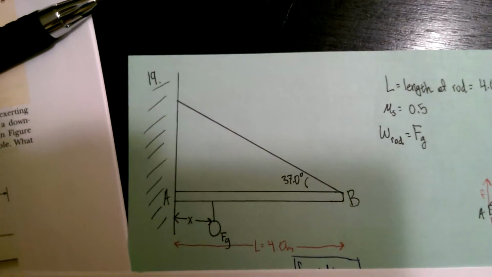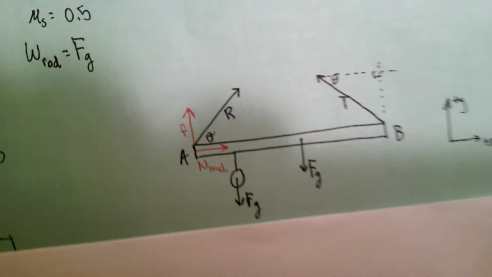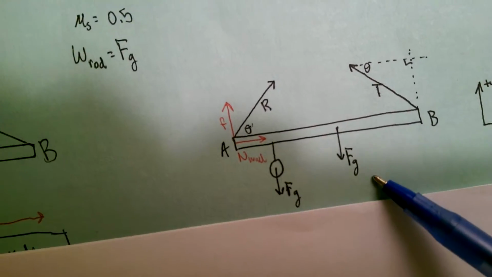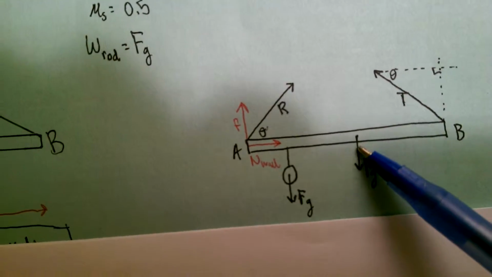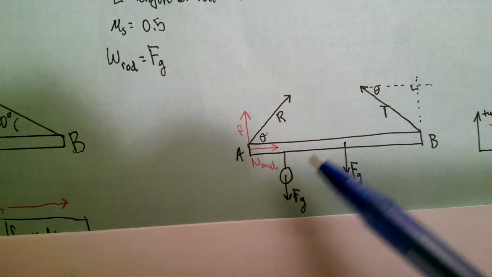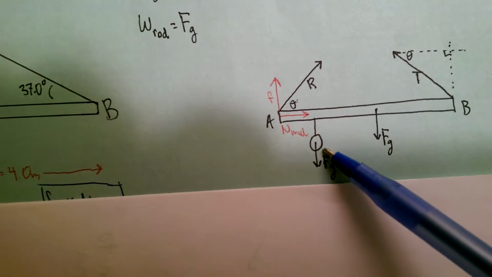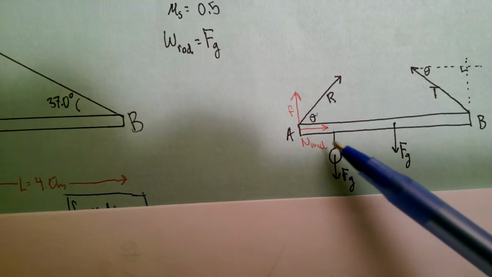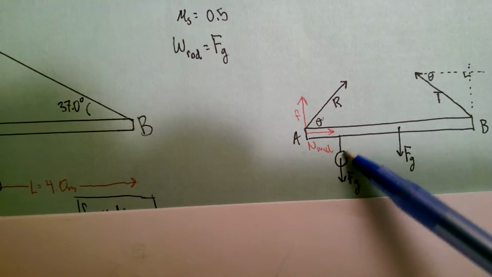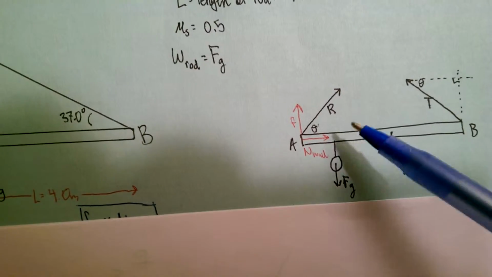So first thing I want to do is draw a free body diagram, labeling all the directions of the forces. So you have Fg at the center of mass of the rod, and then I placed the other mass that they want you to find the distance from point A right here, at an unknown distance.